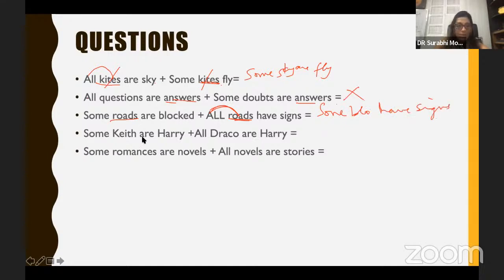Right? The middle term is Harry. Not distributed, no conclusion. Very good. The middle term is novels. It is distributed. So my answer will be some romances are stories or some stories are romances. All plus some is very simple. Can you give these answers in 5 seconds?